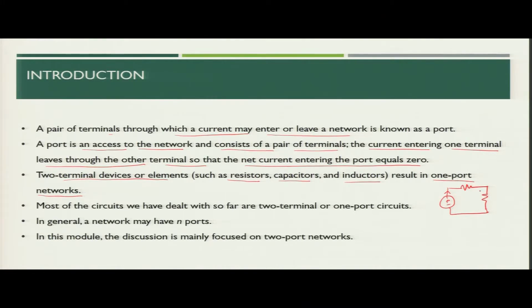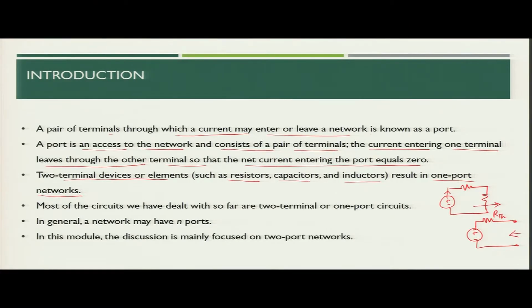Now if you see, when you create the Thevenin equivalent, you generally represent it as a Thevenin voltage and the Thevenin resistance, and RTH is nothing but the value of resistance you will see when you look into the network from the port.